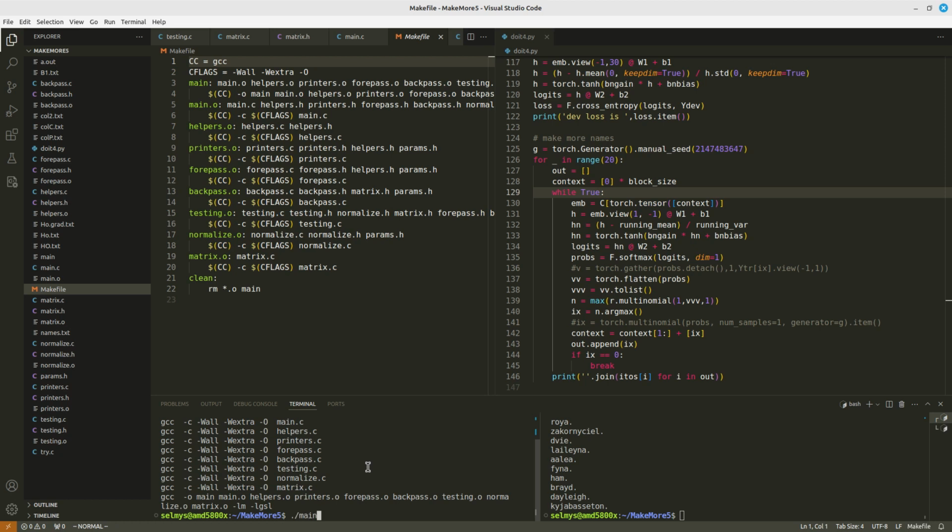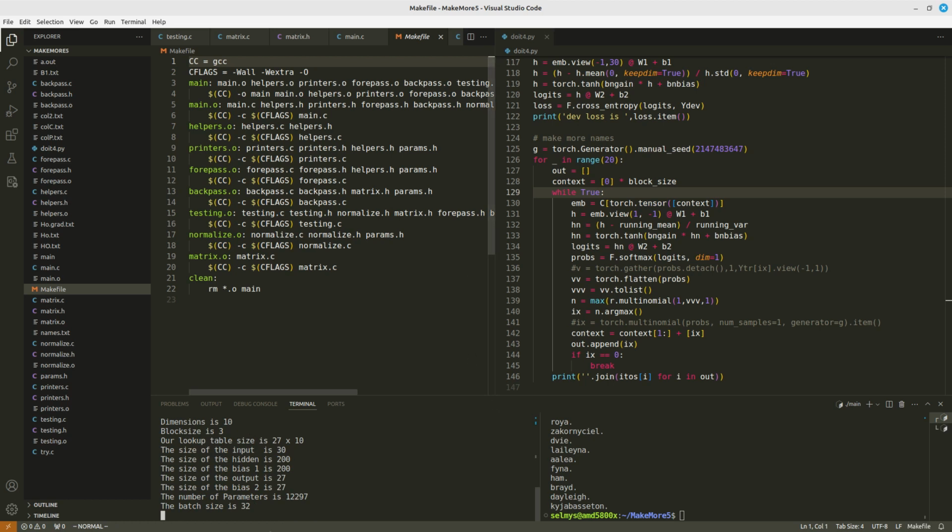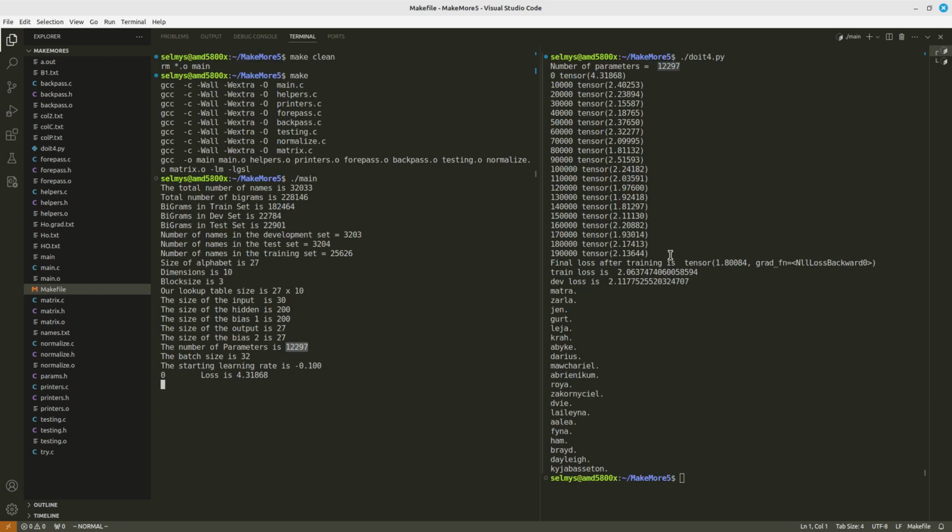I don't know if I have it set up right, but you can see that mine also has 12,297, and if I compare that to the Python program, 12,297.